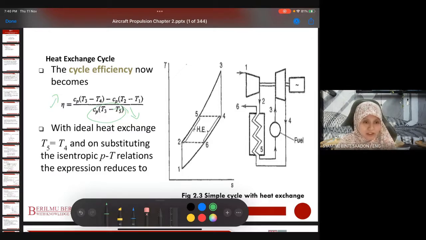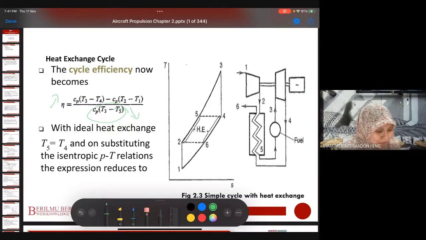In another way, you can see it from this TS diagram, temperature versus entropy diagram. That's why this TS diagram is important for us as engineers. If you want to design the gas turbine cycle, this graphic figure is important because we can predict and simulate how the process is going to work.